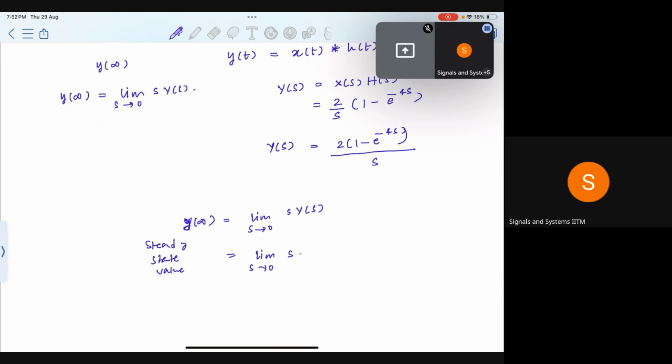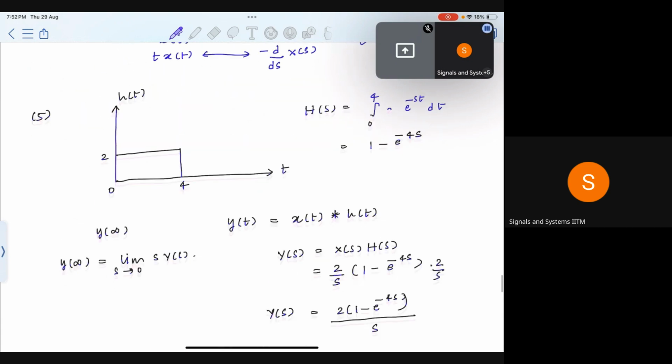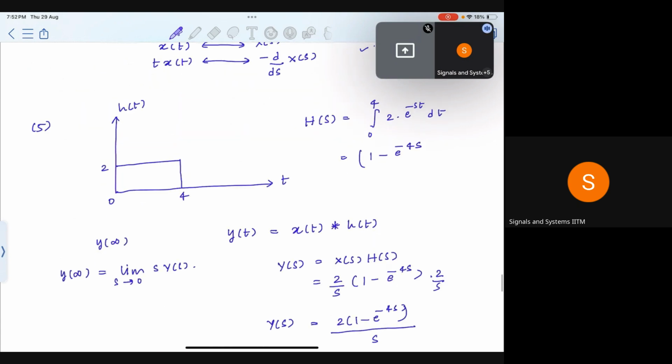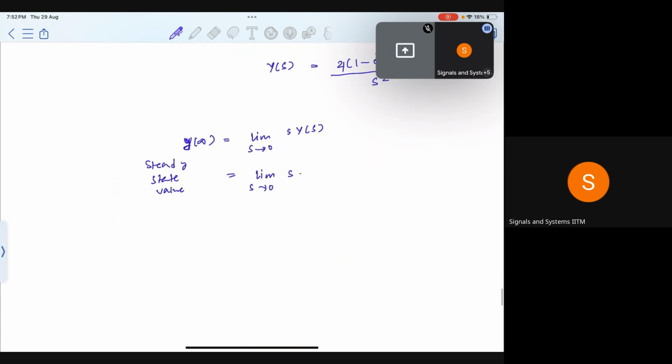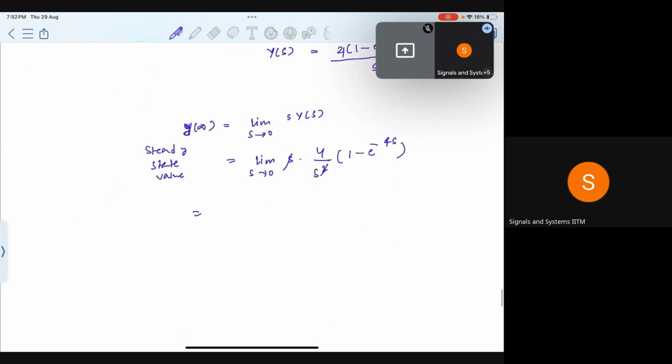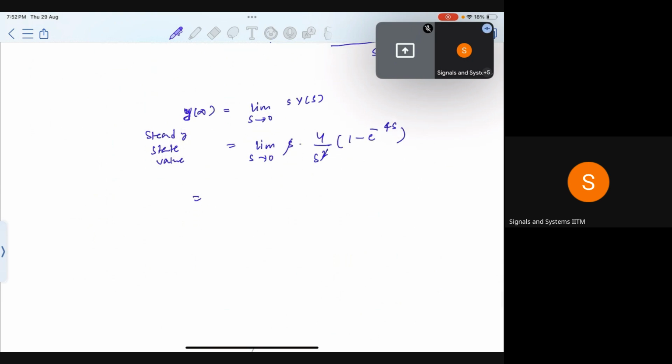I think there is another 2 by s factor when you calculate h of s. So it's 2 by s, 4 by s square. So what happens when s tends to 0? You have to find the limit.